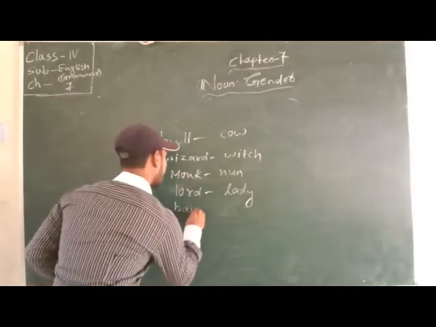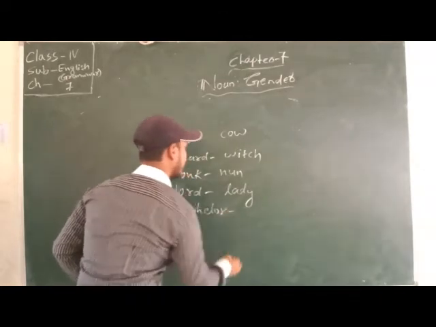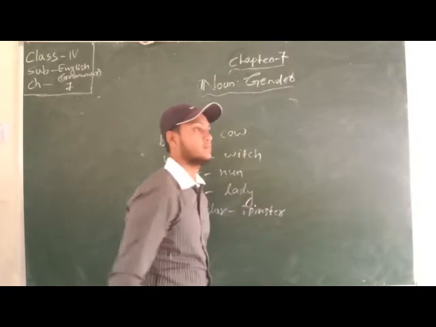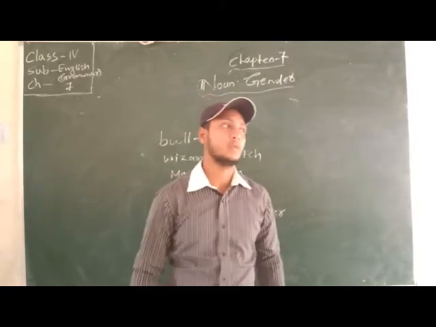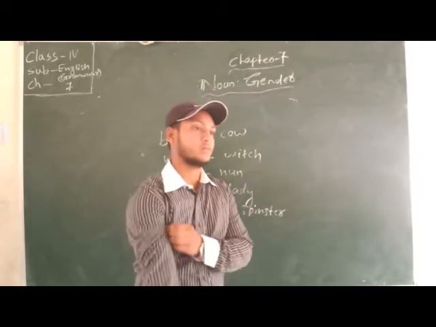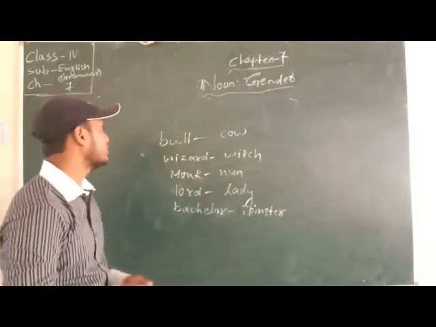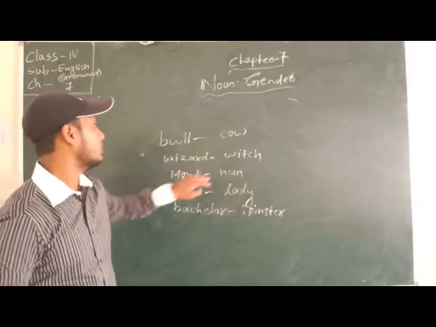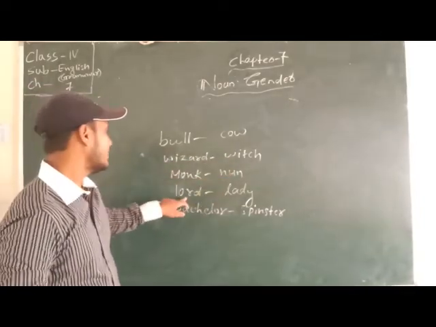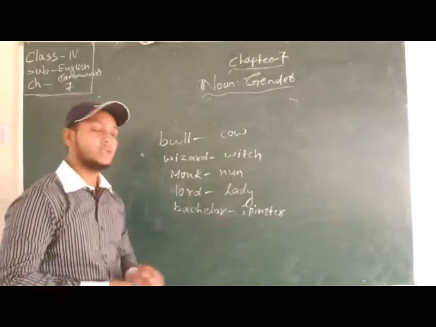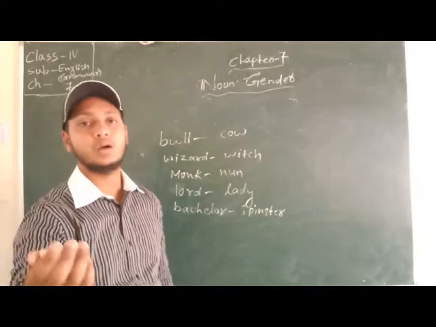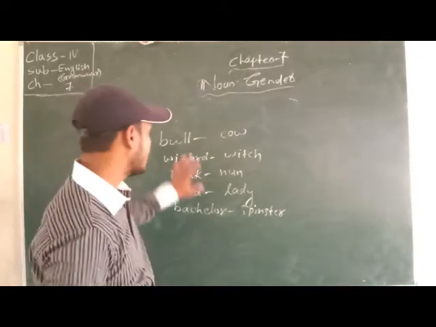Bachelor becomes spinster. So here bull becomes cow, wizard becomes witch, monk becomes nun, lord becomes lady, and bachelor becomes spinster. These are words that don't follow any kind of rules.